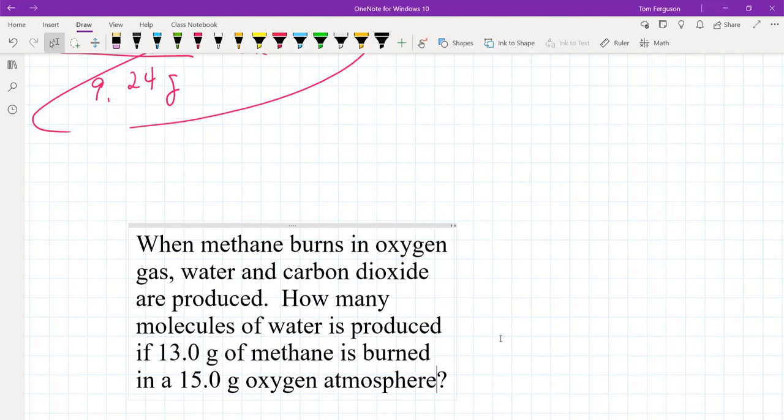How many C's here? 0, 0, 1. How many H's do we have? 4, 0, 0, 2, 0. And O's, we have 0, 2, 1, 2. 3 by 4.